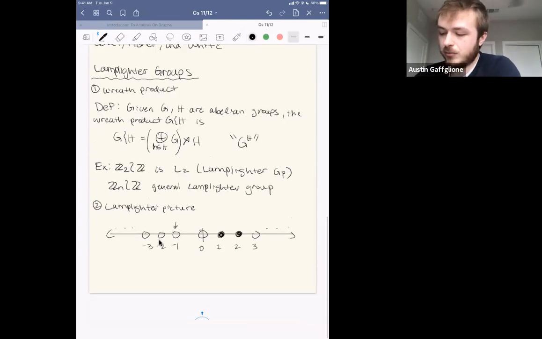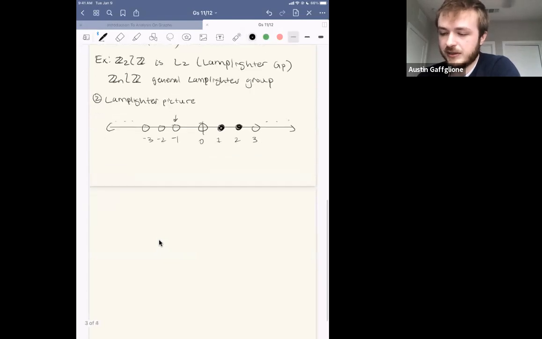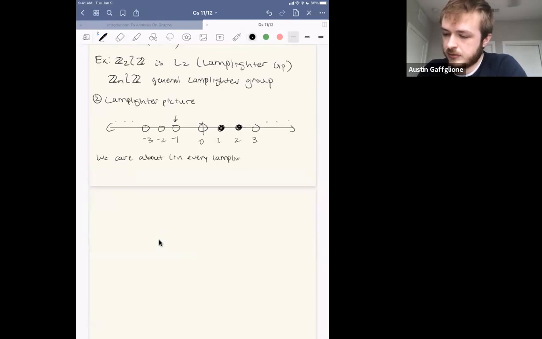So in every lamplighter group, our lamplighter picture, I should say, we have two different pieces of information to encode. So in every lamplighter picture, we care about the number of bulbs illuminated.